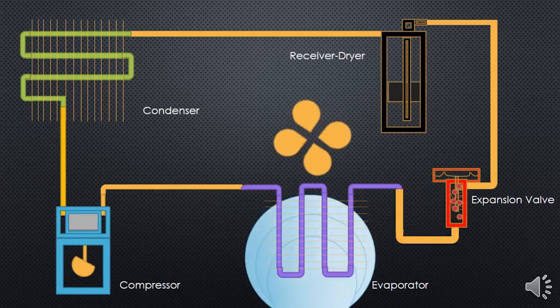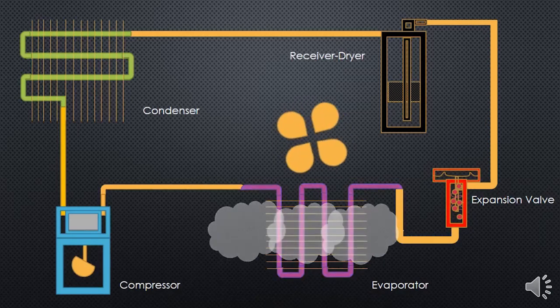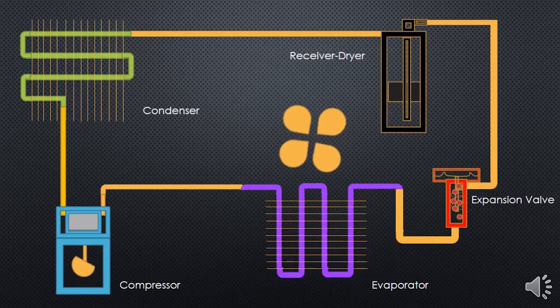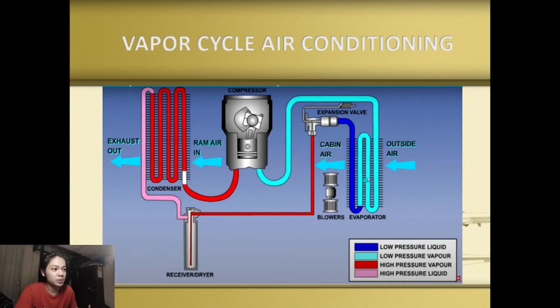The evaporator is a component which converts liquid to vapor. The outside air or the ram air will be cooled as it passes through the evaporator because of this low pressure liquid which has low temperature.